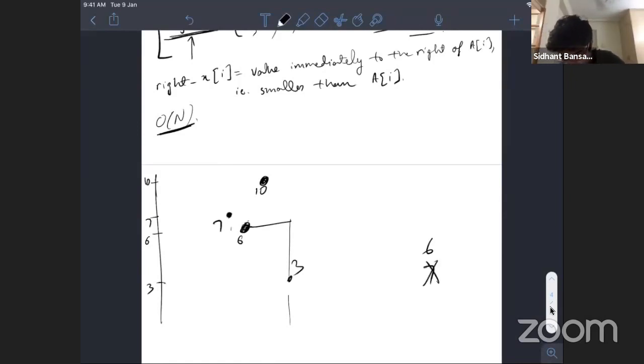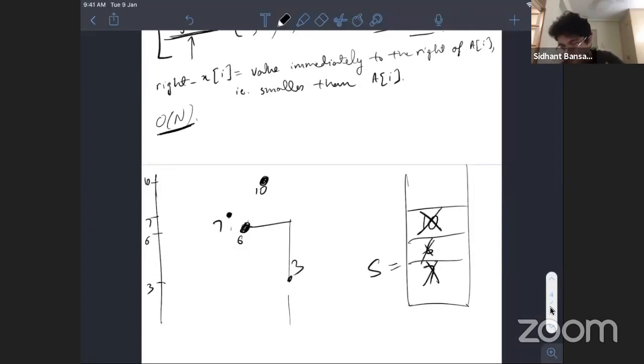Then we pushed in 10. Now we'll see 3, and we'll pop out both these guys, because 3 is actually bottlenecking both of them. That's the idea: when you see 3, you realize 3 is bottlenecking 10, so pop it out. 3 is bottlenecking 6 as well, so pop that guy also.